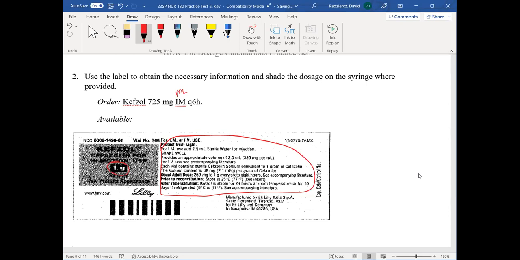You might think you can see what you need and just go through it, but every label is a little bit different. It's helpful to show you how to find the information you're looking for in case it's a different label, because they're going to use a variety of labels.